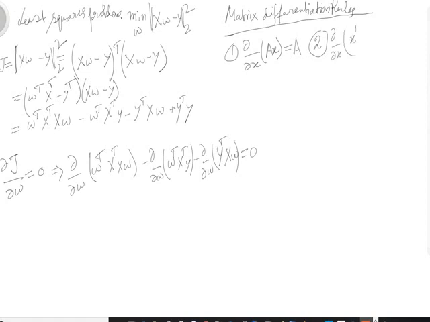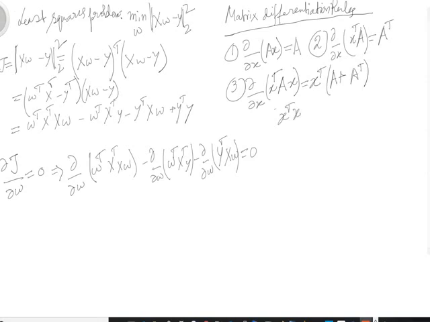Similarly, we have del x of x transpose A is A transpose, and the third rule is del x of x transpose Ax is x transpose multiplied by A plus A transpose. Now we are going to need a fourth identity, which comes from the fact that x transpose x is a symmetric matrix, so that the transpose of the matrix x transpose x is itself.